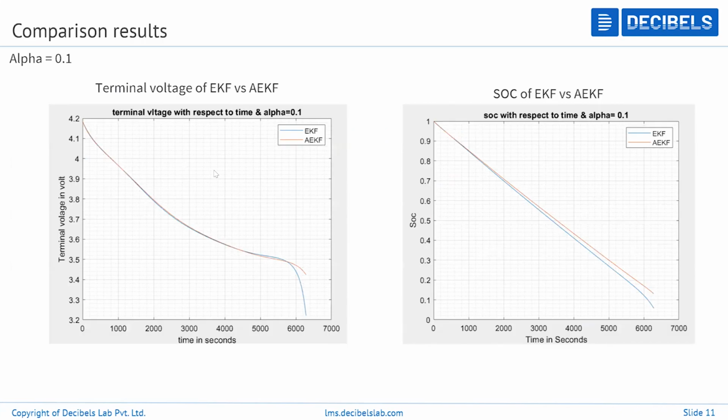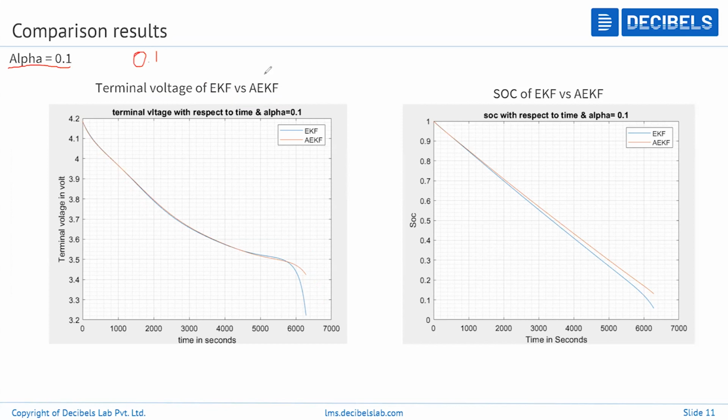Let me go. I have brought two graphs over here. One shows the terminal voltage of the extended Kalman filter based model, and one of the adaptive extended Kalman filter. I have a cell model and data, and I ran it with some current profile, and this is the response I got. In this case, I kept alpha as 0.1.